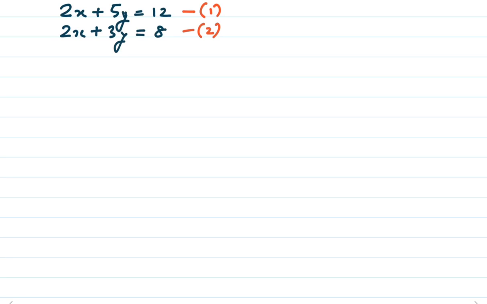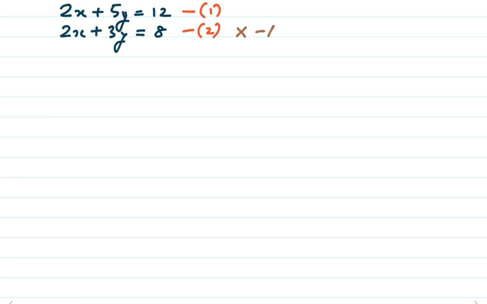Before I start the procedure of elimination, we must see that the coefficient of x is the same, which is 2 in this question. I'm going to do the procedure of addition in all questions so that things become easier for you. First, I'm going to multiply my second equation by minus 1.